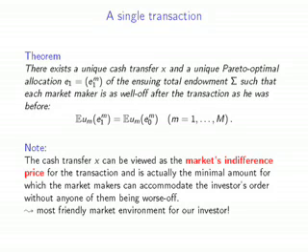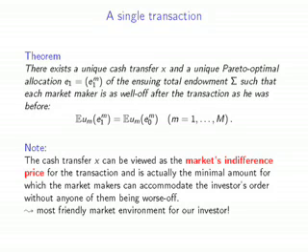Now, an interesting property of this cash transfer X is that it is actually the minimal amount of cash which has to change hands to make this transaction work in such a way that nobody is worse off than before.